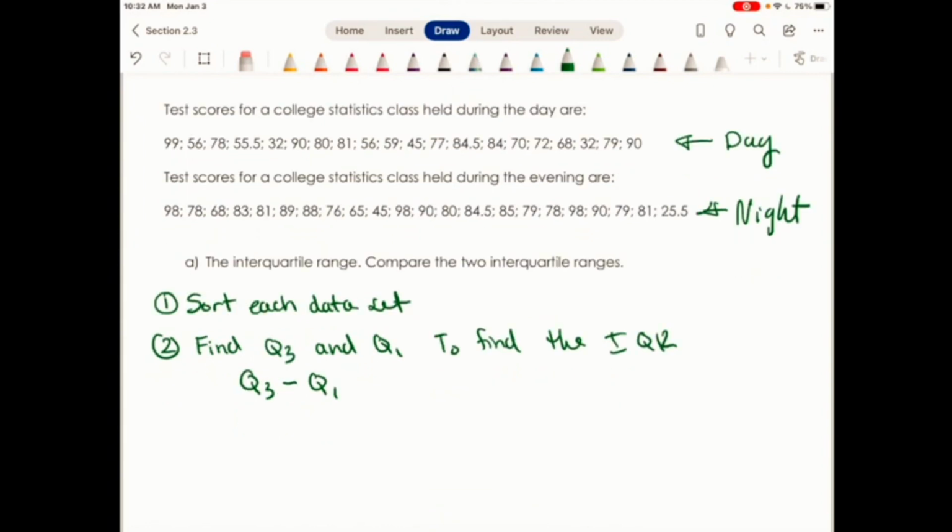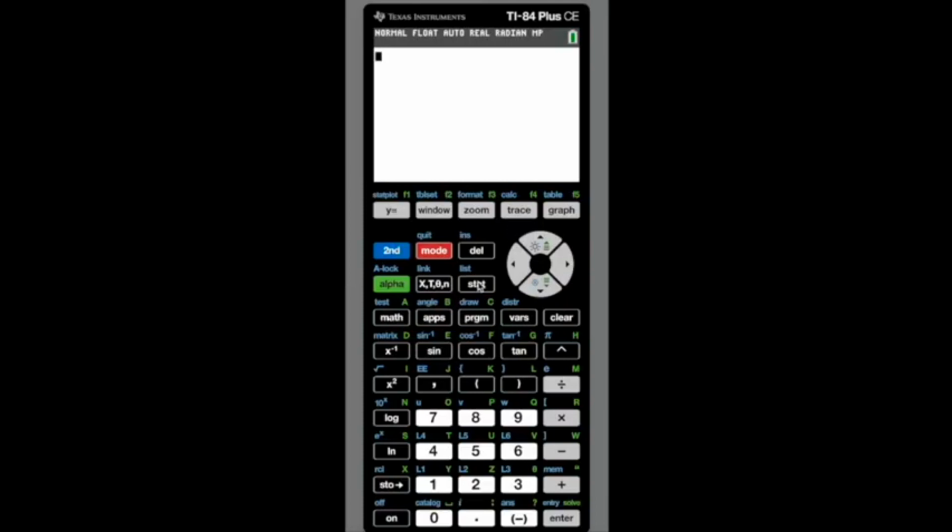So go ahead and pause the video for a minute, and in list 1 of your calculator, sort this data, and then in list 2, sort the data for the night class, and then we'll find our Q3 and Q1. So at this point, you should have your data values put into your list 1 and your list 2.